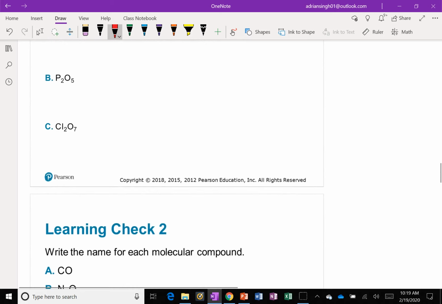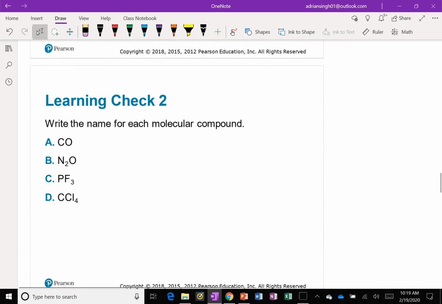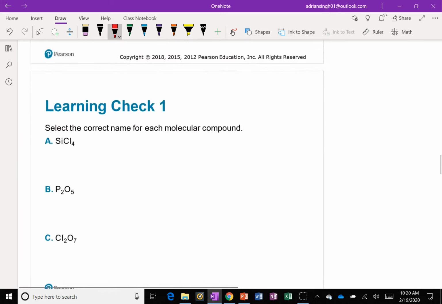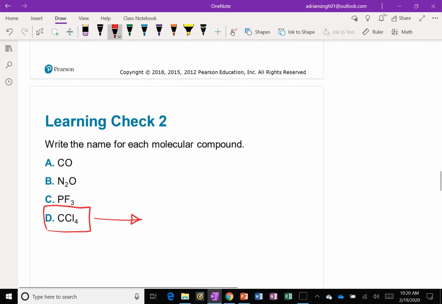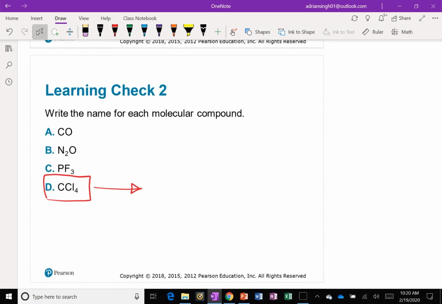All right, let's go in the other direction. If I give you the formula and you have to name it. So let's do CCl4. Or that's the same direction, sorry. So CCl4, let's do that one.